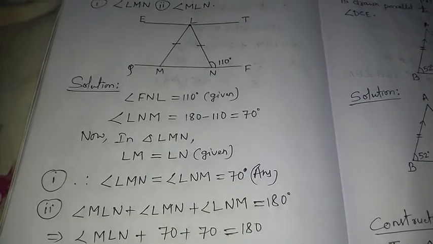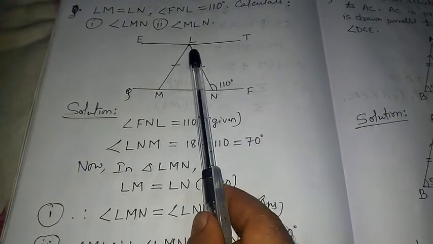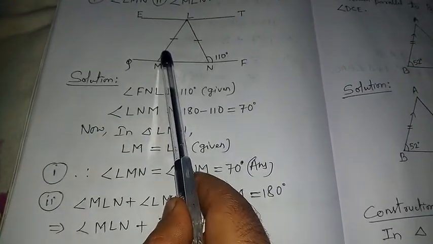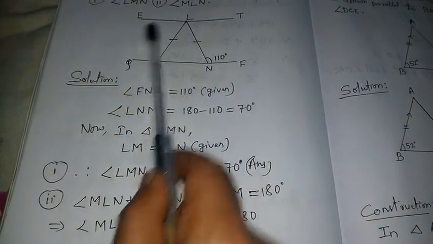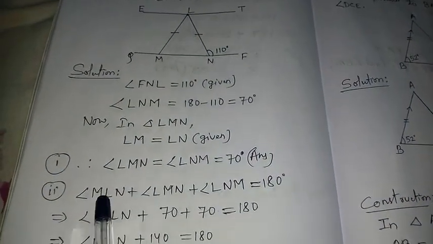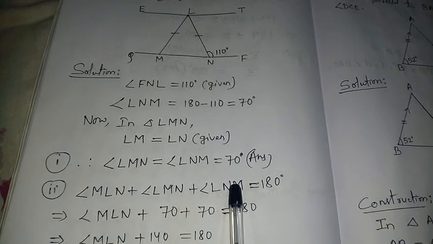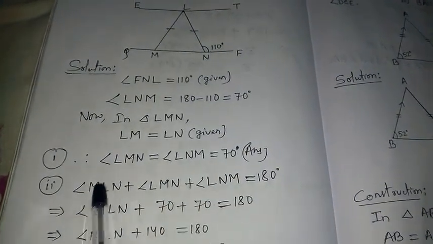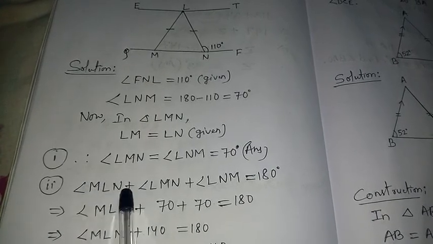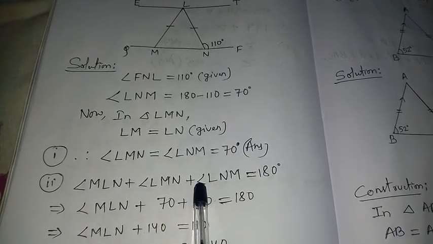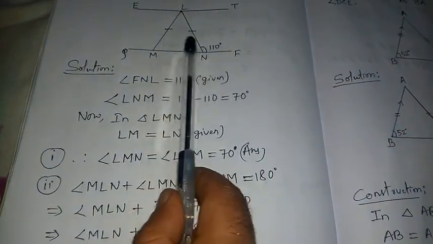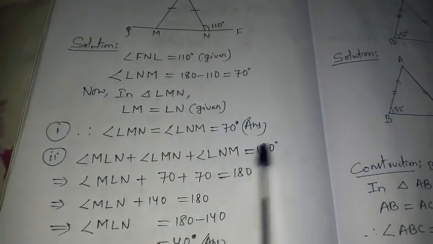First answer has come. The second answer is to find this L, which is so easy. When two angles are known, the third angle is very easily known, because the sum of the three angles of a triangle is equal to 180 degrees. So angle MLN plus angle LMN plus angle LNM is equal to 180 degrees.